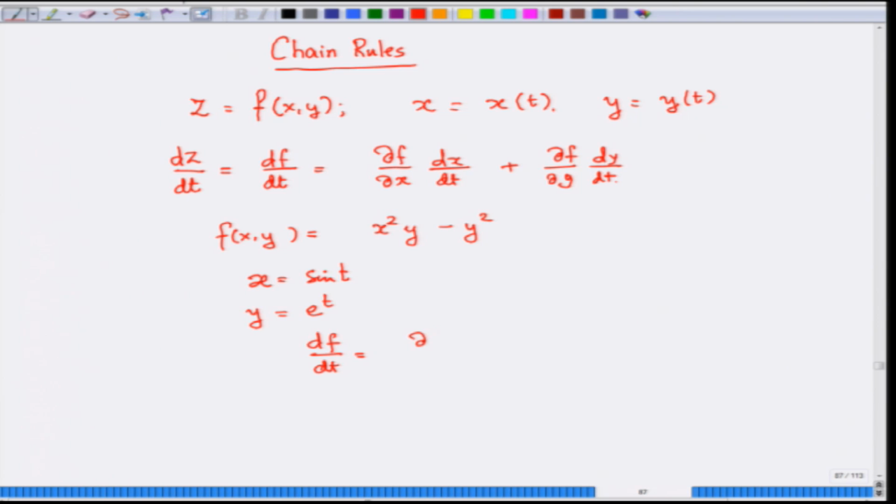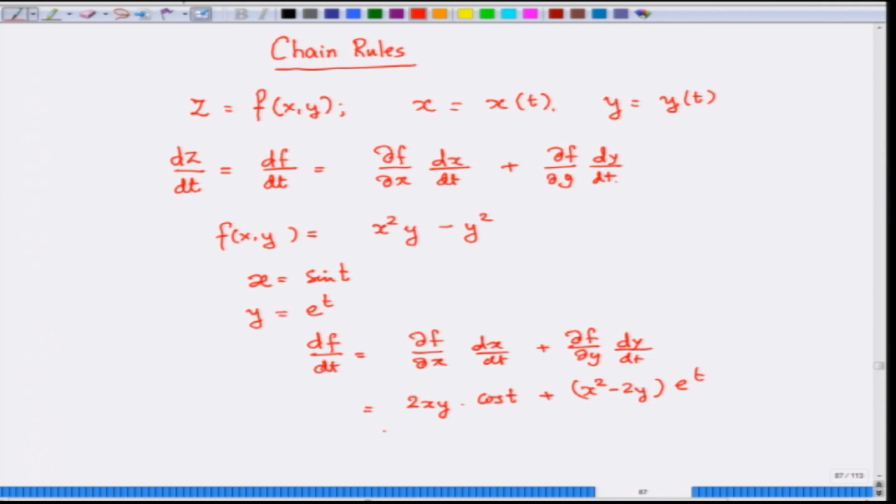So, this is ∂f/∂x dx/dt plus ∂f/∂y dy/dt. Now, ∂f/∂x you can figure out very simply, it is 2xy, into dx/dt, which is cos t, plus ∂f/∂y, which here is x squared minus 2y, and dy/dt is e^t.